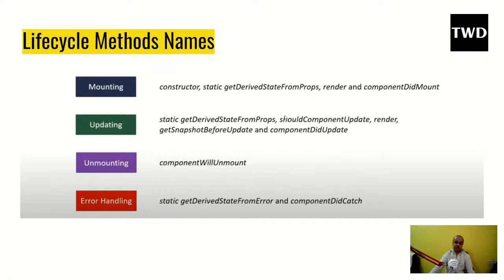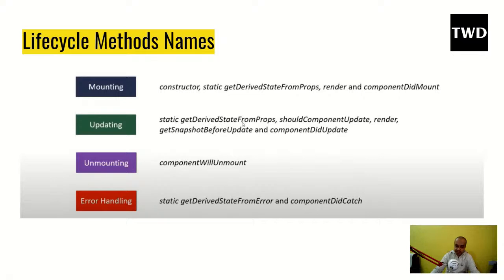In mounting there are constructor and render, which we have always seen. Constructor is used when we want to set something up, and it only runs once during the initial rendering. Render runs a lot of times, but there are two more: get derived state from props and component did mount, which we will learn.